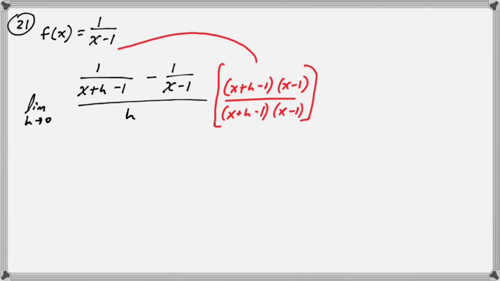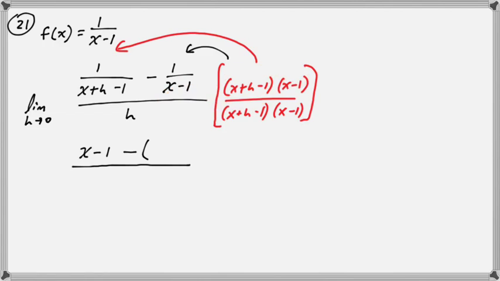When I multiply on top, what cancels? The trinomial, leaving me the binomial. Minus, again, always use parentheses. When I distribute here, the binomials cancel, leaving me just the trinomial.